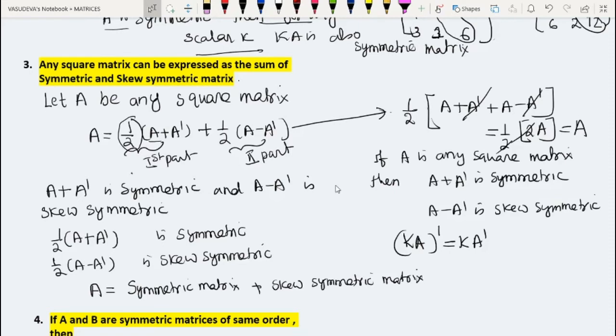So we have to remember, for any square matrix, half of A plus A dash is the symmetric part, and half of A minus A dash will be the skew symmetric part.